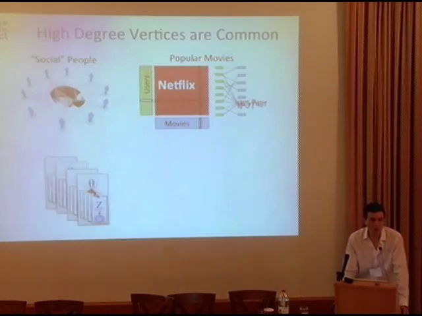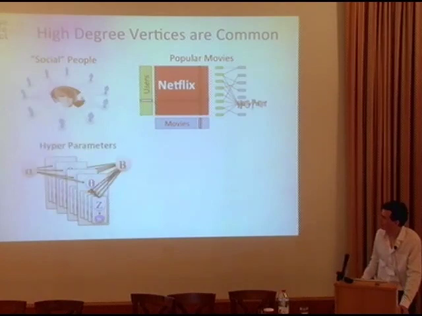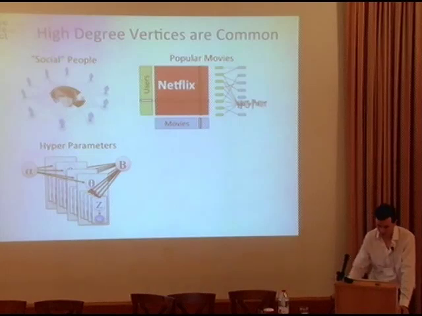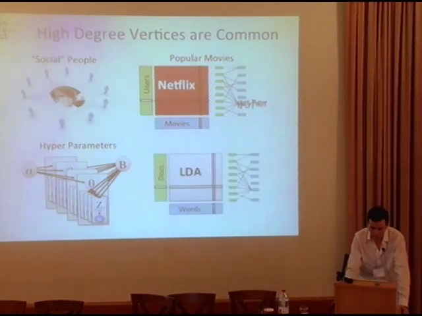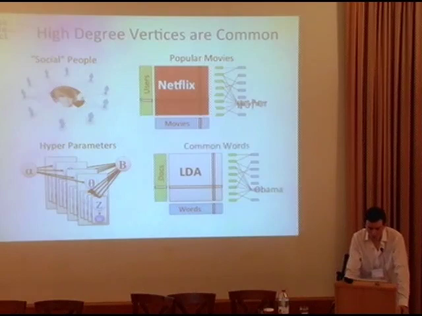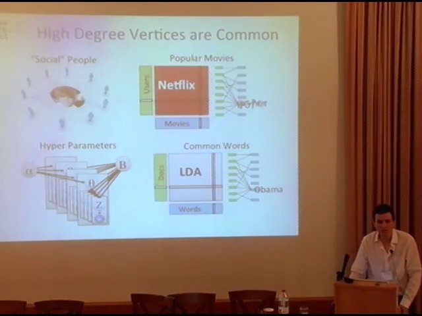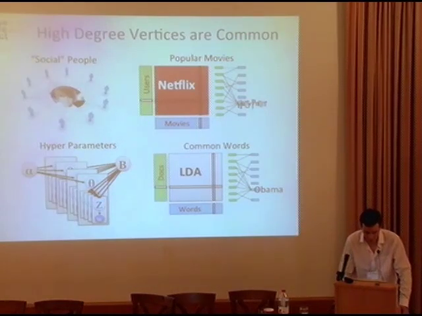In all sorts of machine learning problems, for example template models, you might have some hyperparameters or some shared variables. They're connected to every plate, for example, in this case. And in a model like LDA, you might have a word like Obama that is very common in a ton of documents. These high degree nodes were very significant and were a big hindrance to GraphLab scaling.